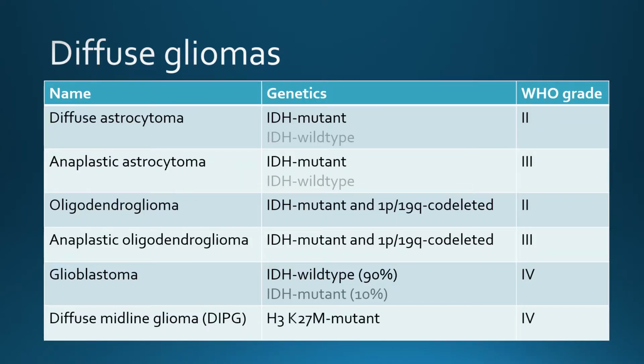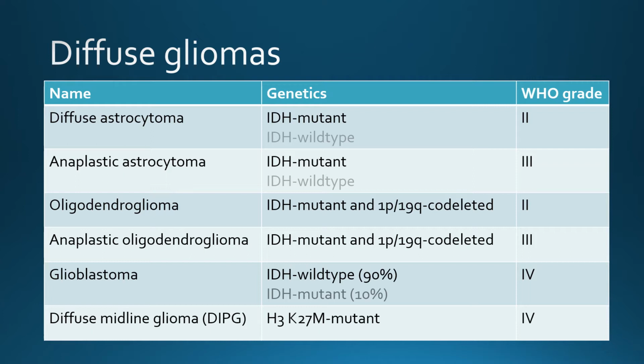So first, with the diffuse gliomas, more and more of these tumors are being defined by their genetics. So the diffuse gliomas include diffuse astrocytoma and anaplastic astrocytoma. These are mostly IDH mutant tumors.